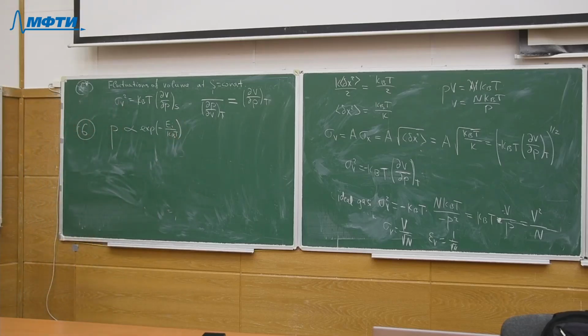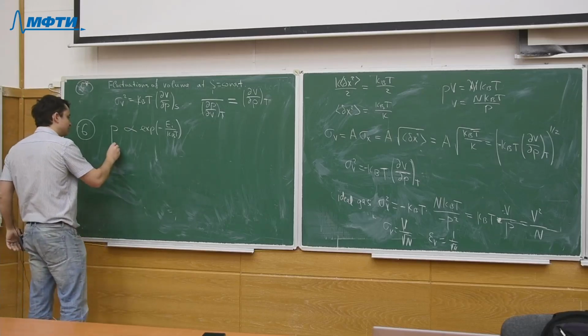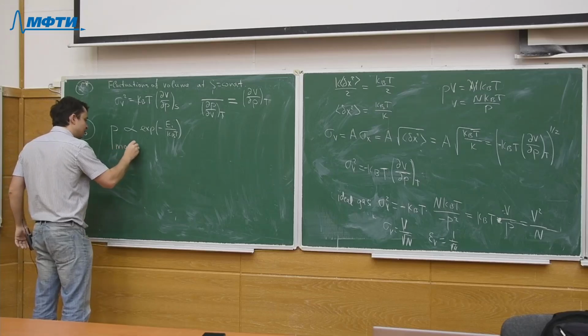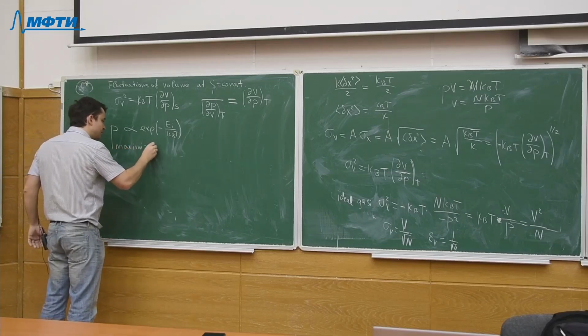And as I have shown you during the derivation of the Gibbs distribution, this distribution is the one which maximizes the entropy.